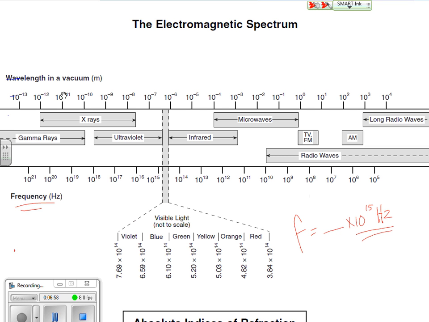Well, look, these are frequencies, and here's 10 to the 15th and up. Those are all ultraviolet. So you could characterize any of those photons based on their frequency.